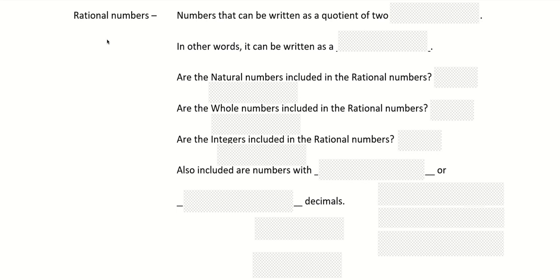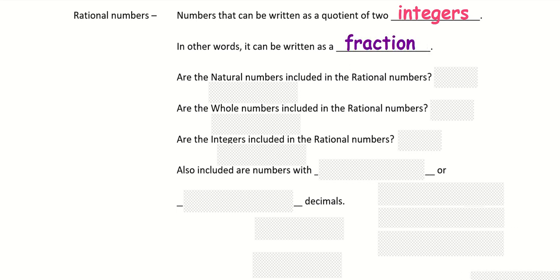Then we get into the whole world of rational numbers. You might think of rational numbers with a certain definition, but here we're going to start off by thinking of them as any number. So the whole set of rational numbers, okay, is any number that can be written as a quotient of two integers.